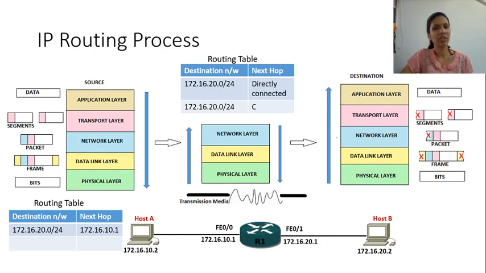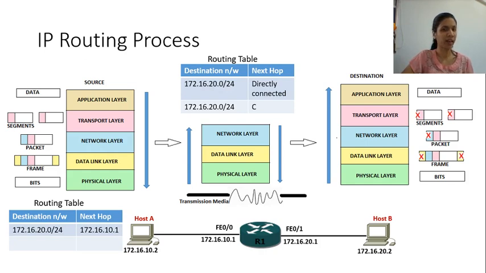Once the data link layer receives the bits, it can understand the format of the frame and it can read the data link layer header which is present in the frame. First the data link layer is going to read out the trailer and perform the error check. If there is no error present, the data link layer will read the header.